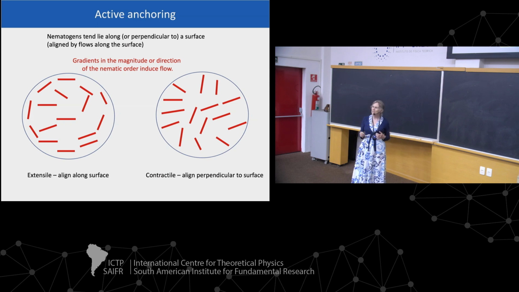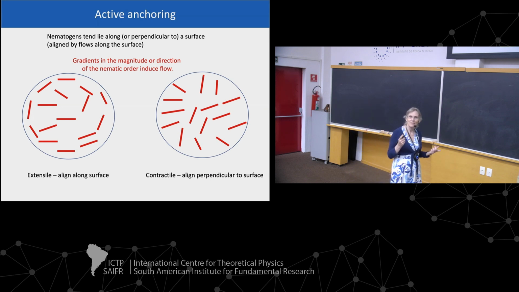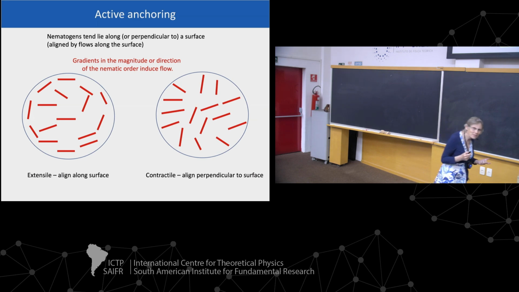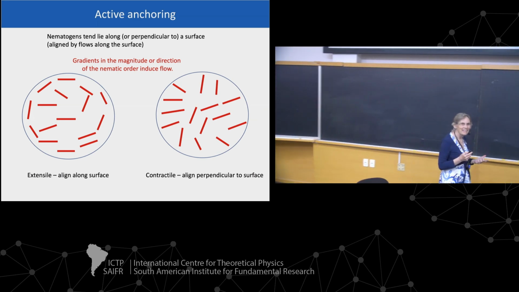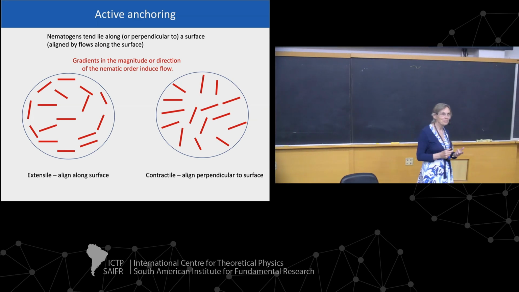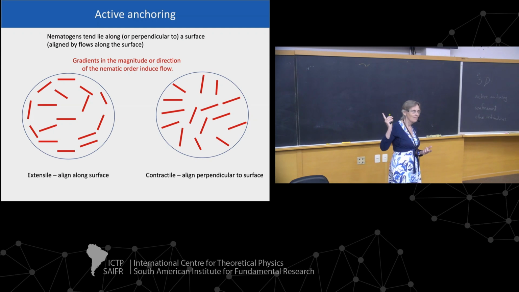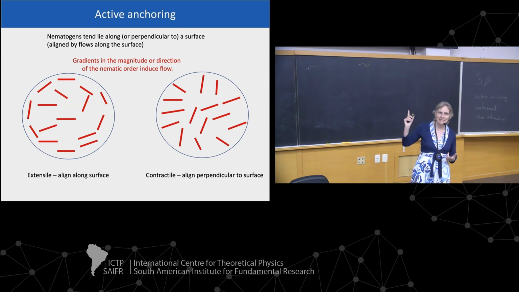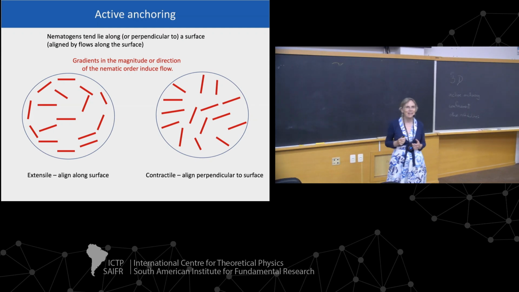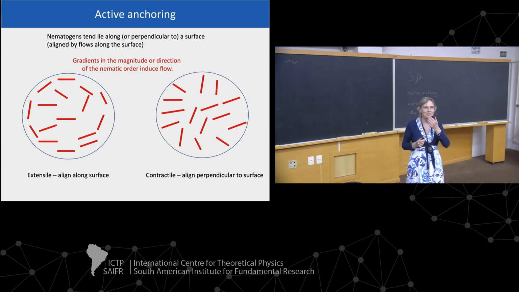Now, has anyone seen anything like that somewhere else? Yeah? Sorry, what? Oh, do they do this? Not sure the physics is the same, but might be. That's fun. We're going to hear about that this afternoon, aren't we?